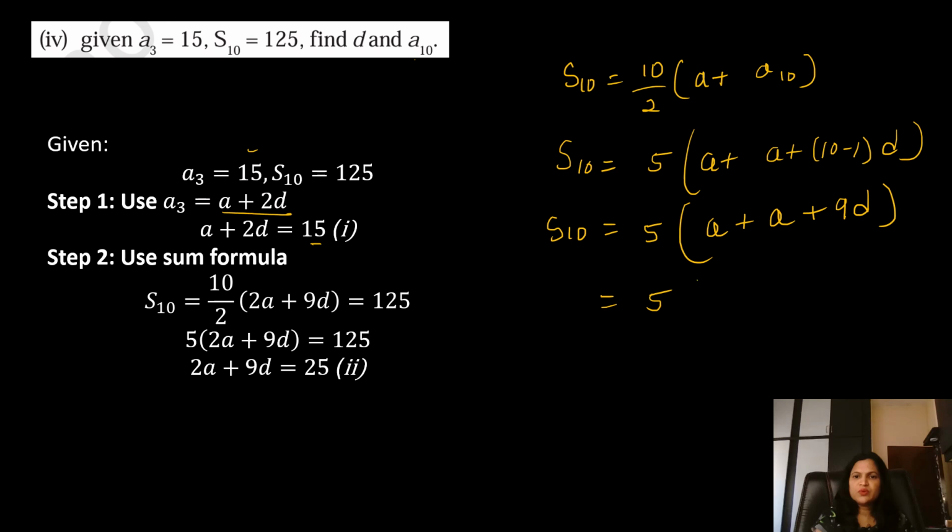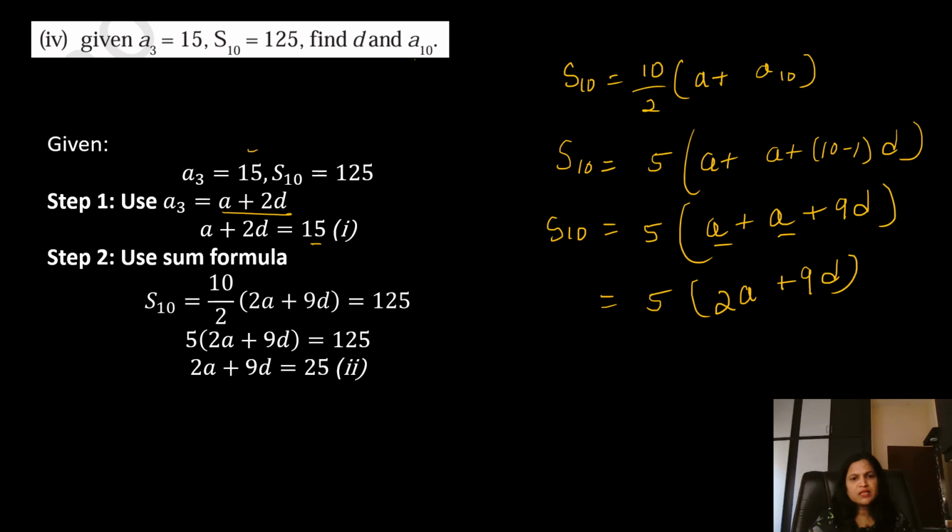That is 5 into the bracket 2a plus 9d. This step is from 10 by 2, and 2a plus 9d equals 125, because S10 is equal to 125 is given. So 5 into (2a plus 9d) equal to 125.